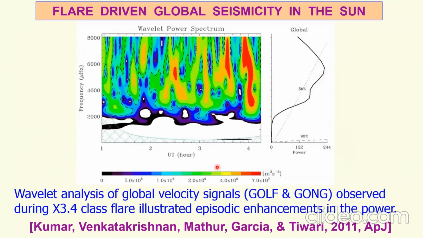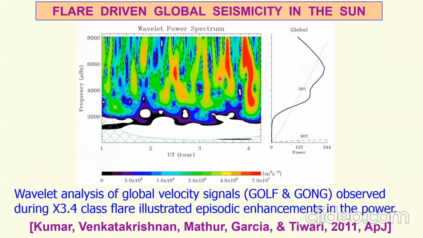using wavelet power spectrum, which gives information on episodic changes which have happened in the power of the oscillations. So one can see here, as the time progressed, just after the flare, there are high signals of enhanced oscillations seen here, here, here, all through.